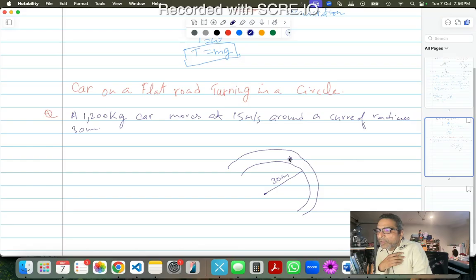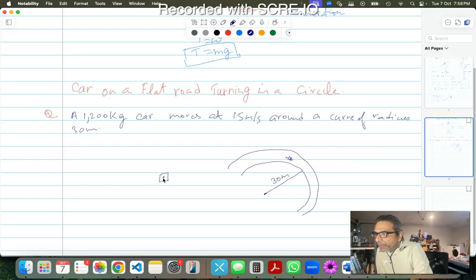I don't know how to draw a car, but let's say it is a car, right? Now this is the object which is moving in a circular motion. So let's see how we are going to see our forces.